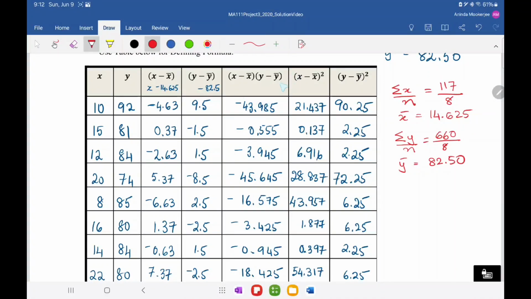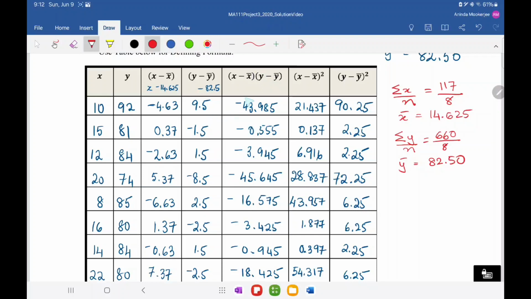Now in the fifth column, we multiply the two previous columns, x minus x bar times y minus y bar. All right, so that's what we've done. Negative 4.63 times 9.5 is negative 43.985. 0.37 times negative 1.5 is negative 0.555, and so on.